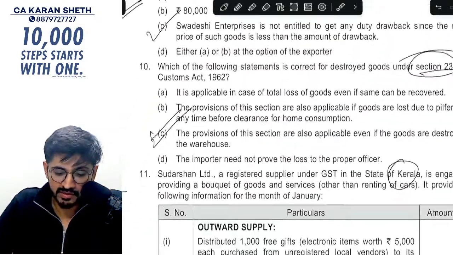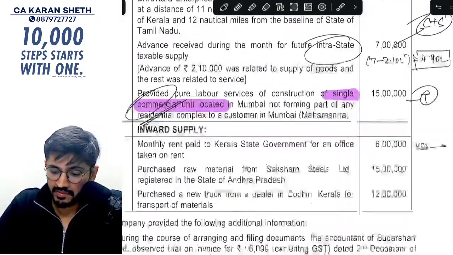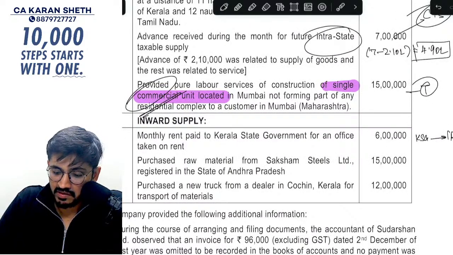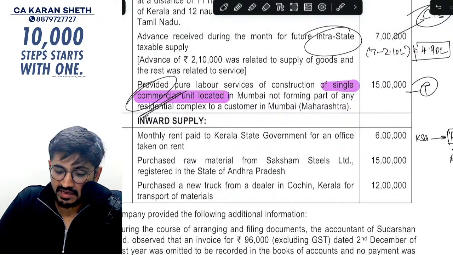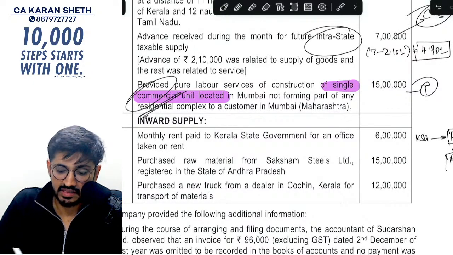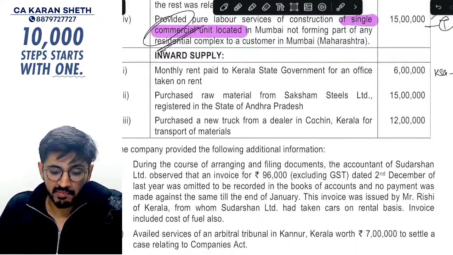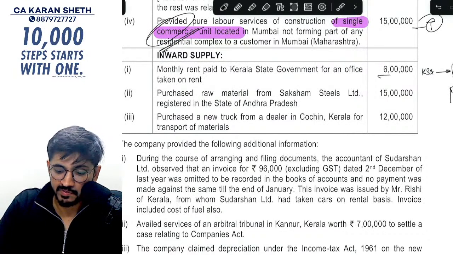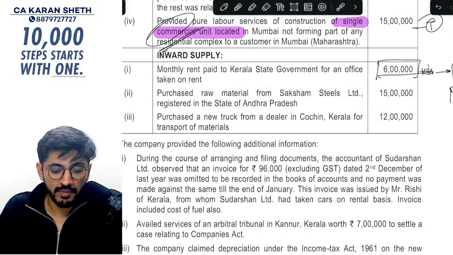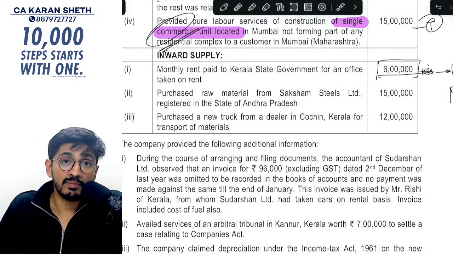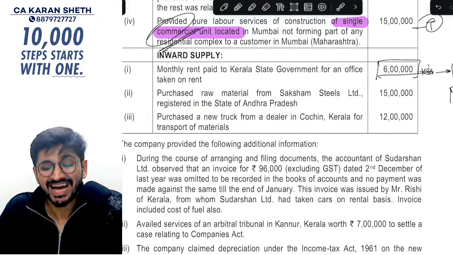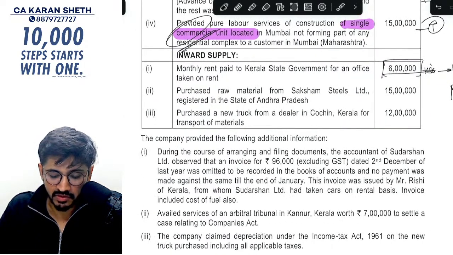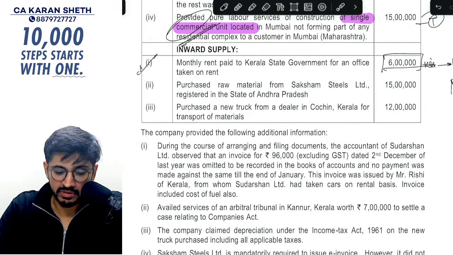Sudarshan Limited, a registered person. And here clearly the tax will be paid as per RCM. Remember that, please. It will be paid as per RCM. Renting of immovable property, my dear friends, so that needs to be taken into consideration.